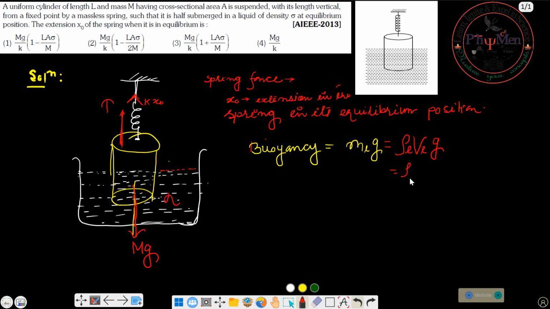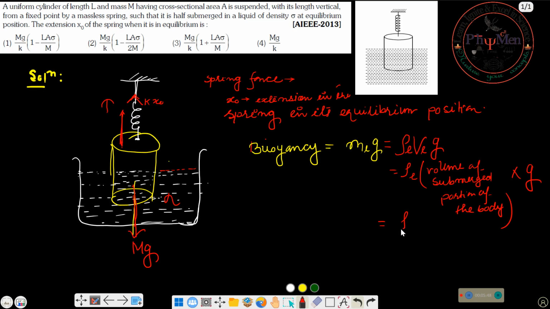The volume of the liquid displaced is equal to the volume of the submerged portion of the body, into g.